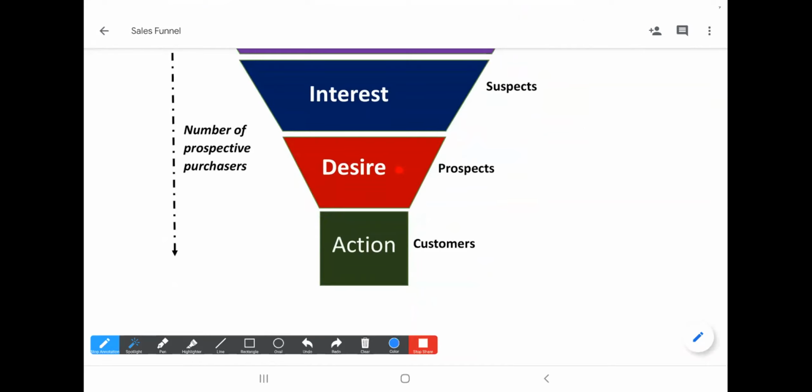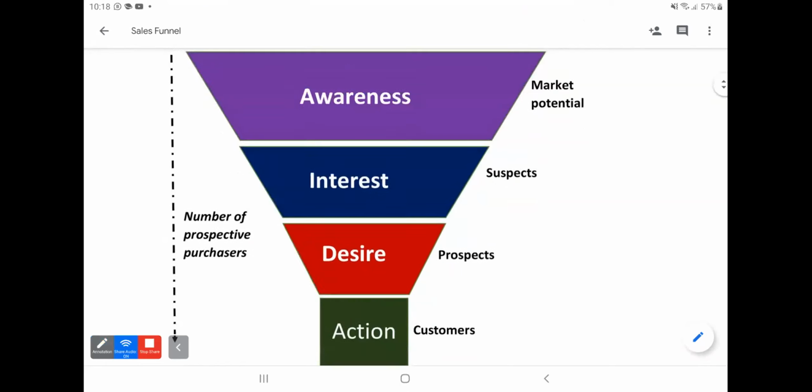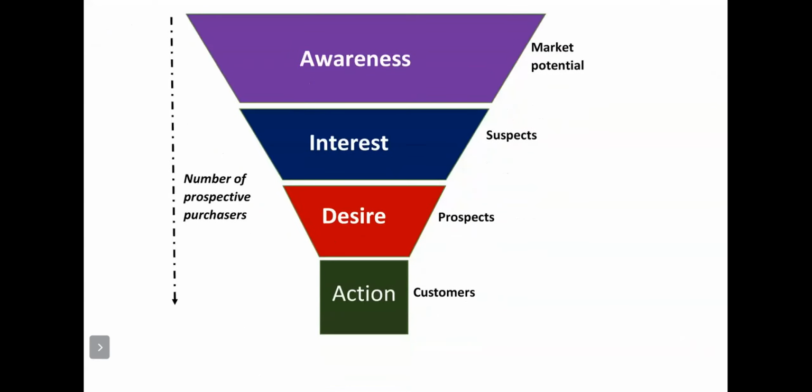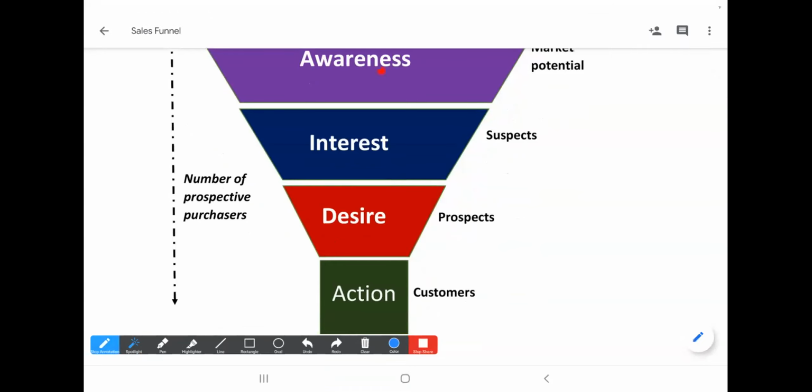And as you can see, moving down the sales funnel, the number of people that know you and are interested in you and have desire for your product keep shrinking.